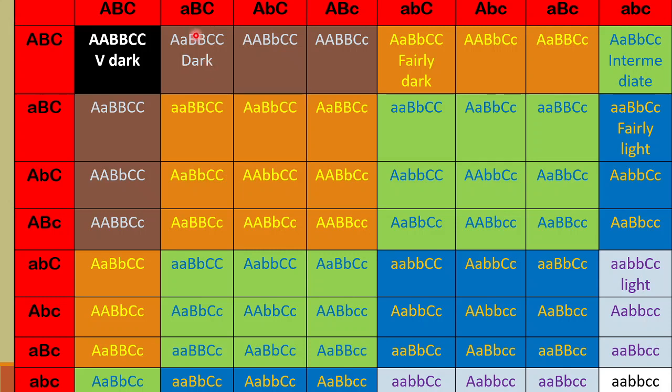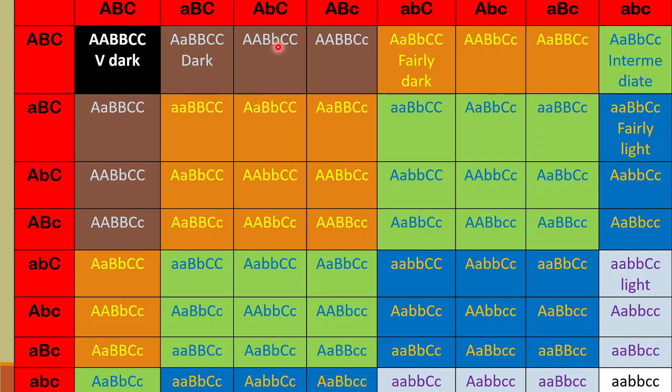Now, irrespective of which allele is recessive, like say here small a is recessive, in this case small b is recessive, but that is not a concern here. The concern is quantitative: how many dominant alleles and how many recessive ones. The higher the number of dominant alleles, the darker will be the color, and the higher will be the melanin release.